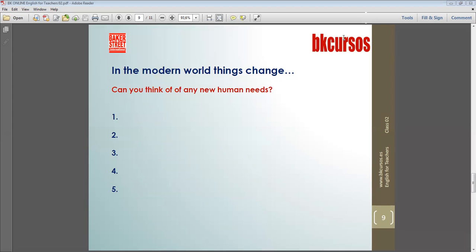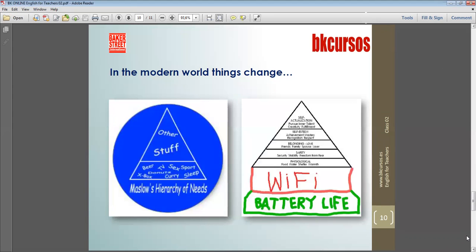Let's look. Here's an alternative model. Okay, two alternative models then in the modern world. Maslow's hierarchy of needs. You see the blue one? Okay. Maybe those are Monica's students: Xbox, sport, donuts, TV, and other stuff.